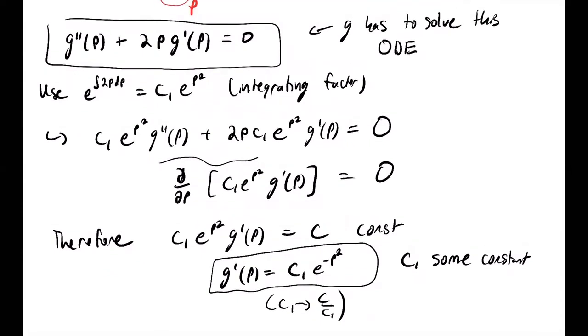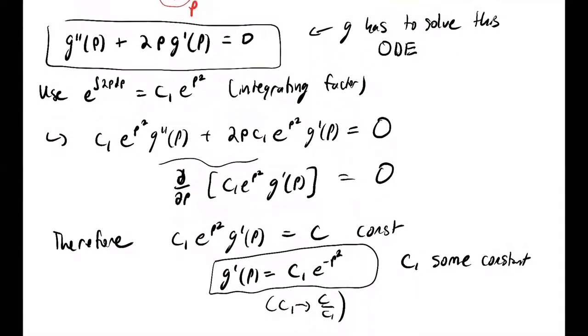And again, if you've completely forgotten about this method I just used, or you've never seen it before, it may be a good idea to pause the lecture and go review integrating factors and how to solve ODEs. This should hopefully make sense at this point, and if it doesn't, it would be worth reviewing how to solve this equation.